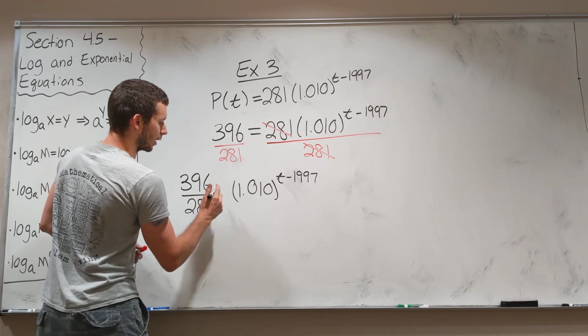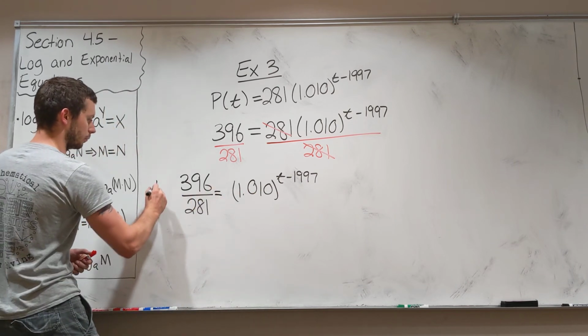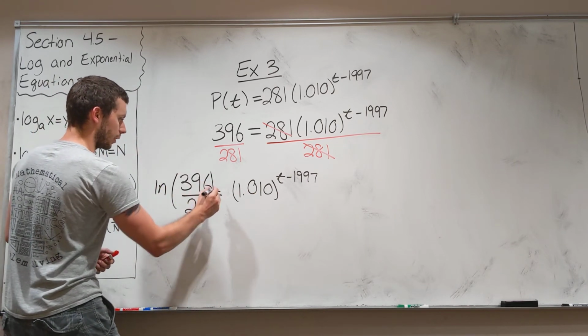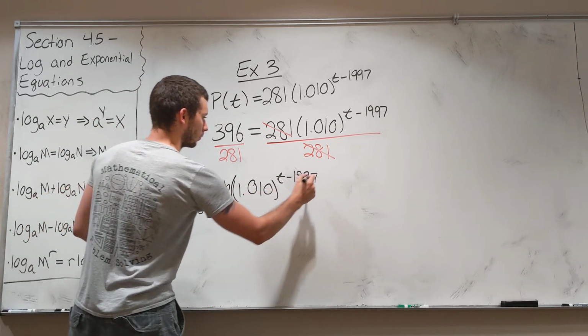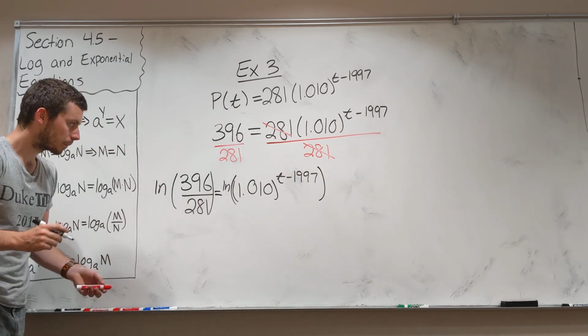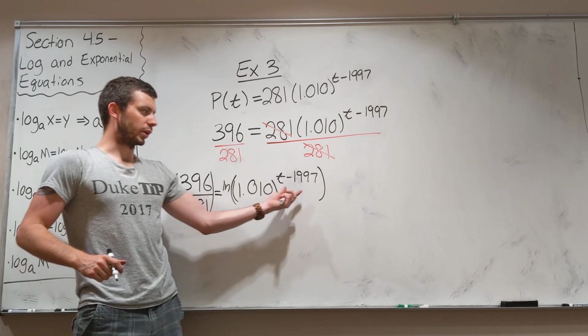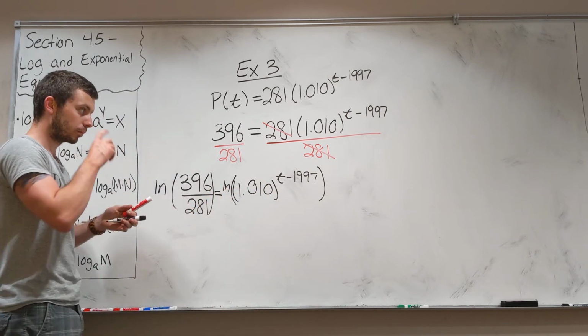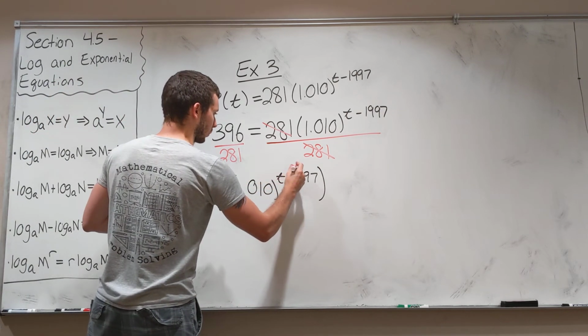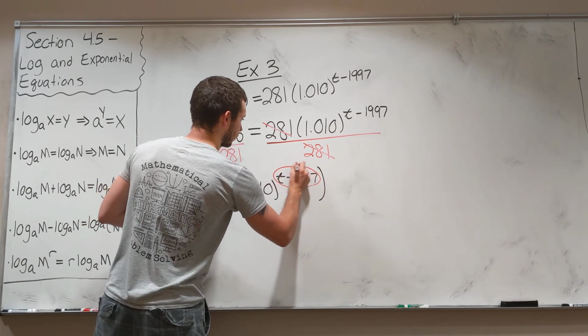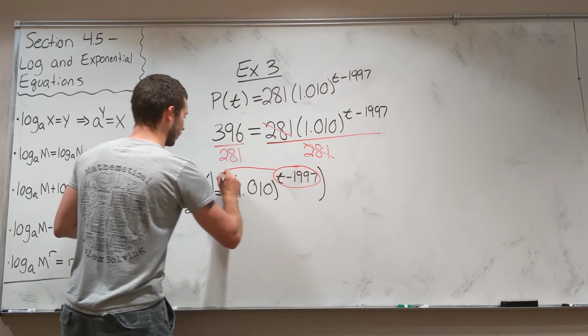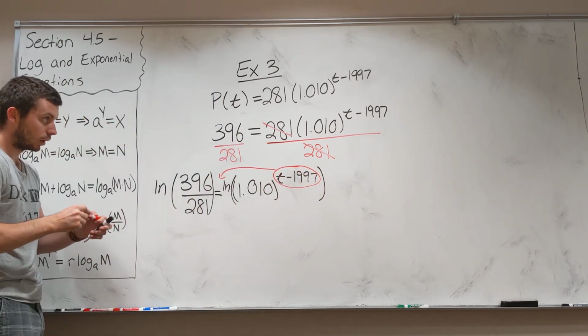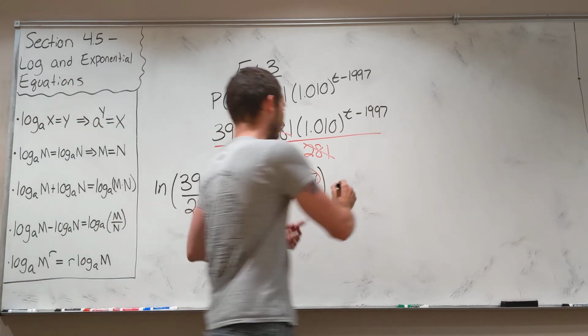So instead of rewriting it, I'm just going to write the ln notation in front, just like that. And from here, we can go ahead and bring the exponent to the very front of the corresponding natural log.